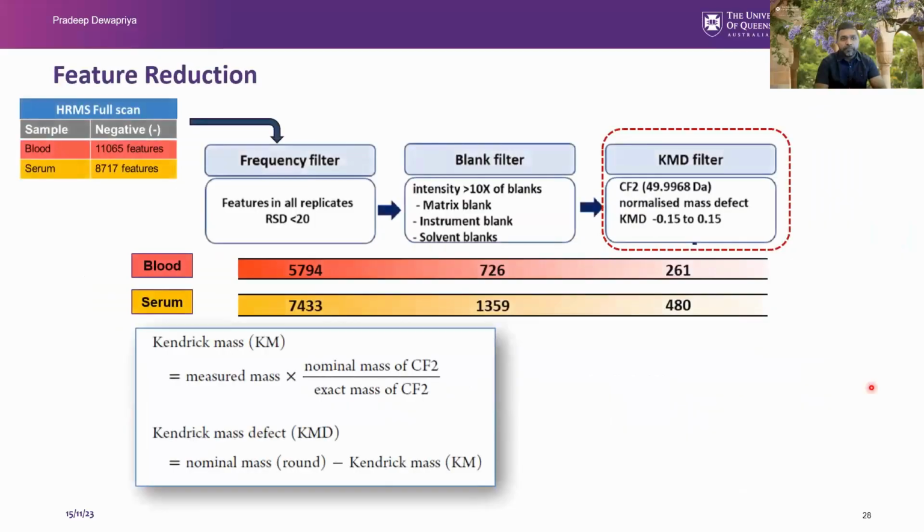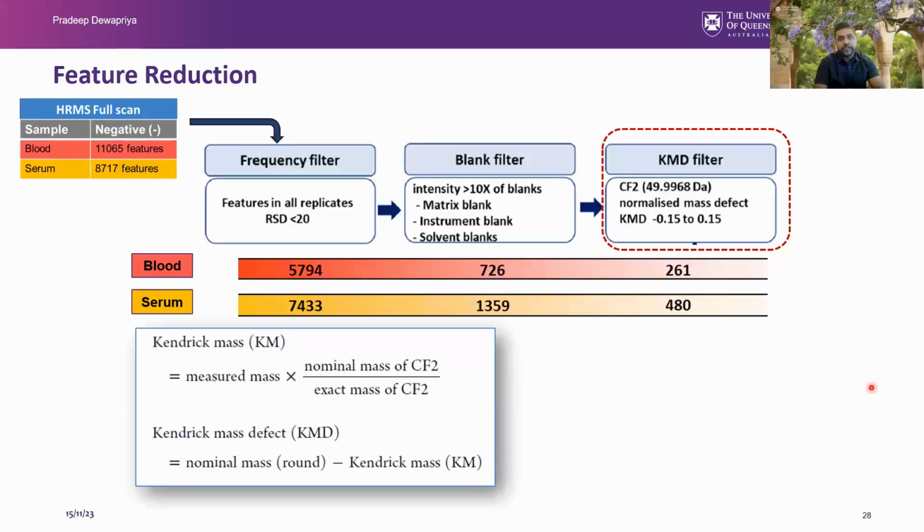And then we moved to feature reduction in this workflow. As I mentioned, we ended up with a massive list of features because both serum and blood are quite complicated matrices. So we had to apply a series of filters to reduce the number of features in our feature list. First, the frequency filter.